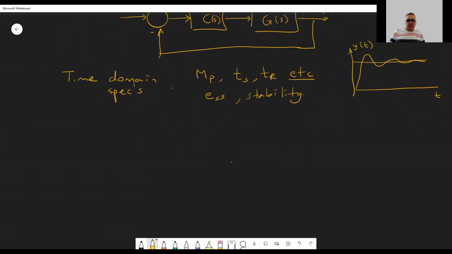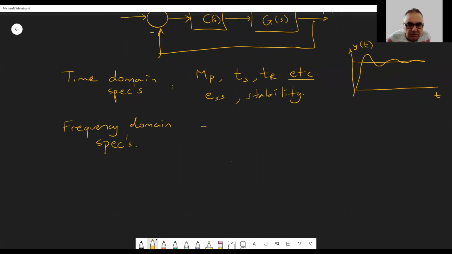Now, this is one way of doing things, but there is another way of doing it, which is to specify these things in the frequency domain. Frequency domain specs, let's say, and typically there are two of these.